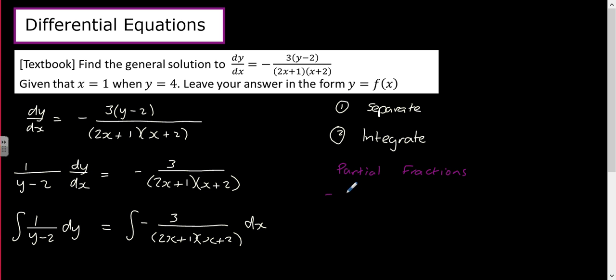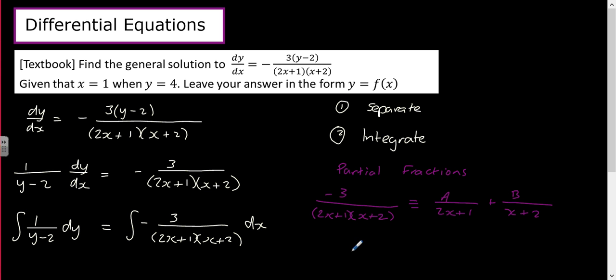So partial fractions then, we've got minus 3, and I'll just put that as minus 3 on the top. 2x plus 1, x plus 2 is the same as a over 2x plus 1 plus b over x plus 2.